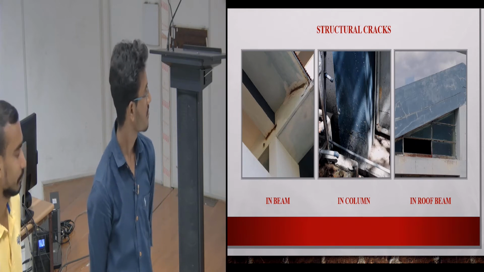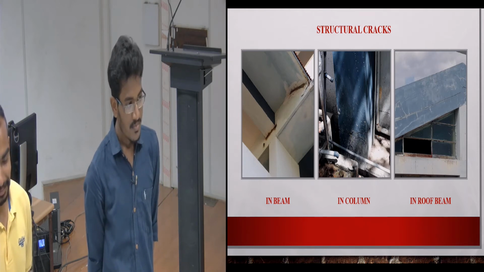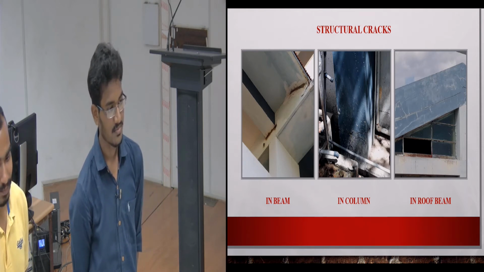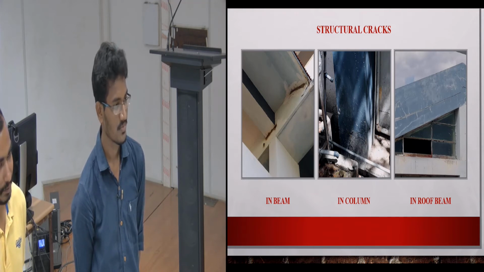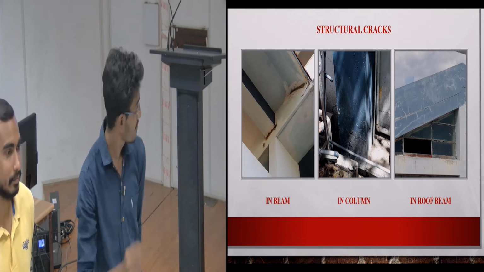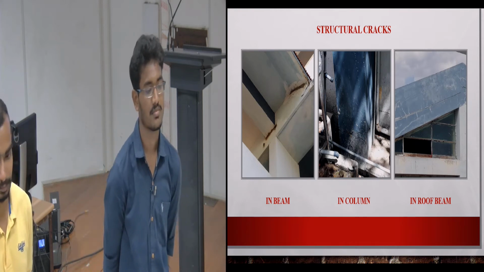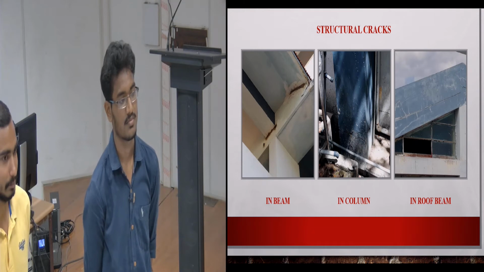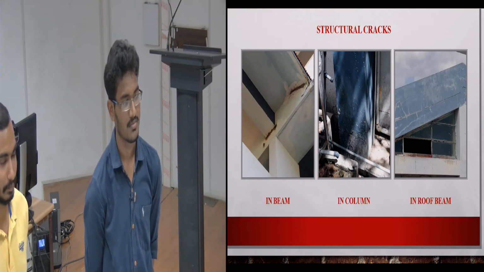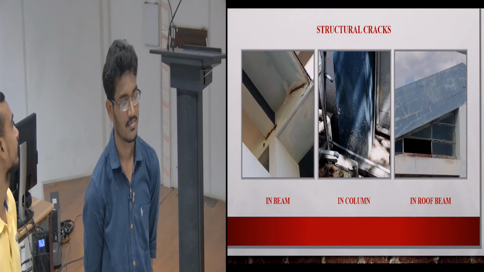In the columns they give some skirtings, no Professor? That got peeled off and we were able to see the crack exactly at the connecting point. We asked what this was, and they said this is the shoe.